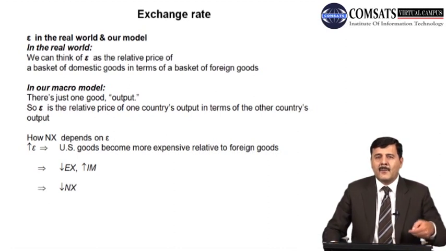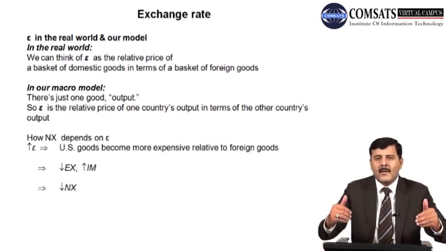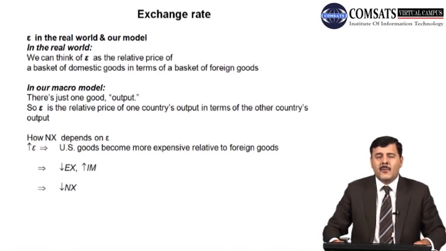As I mentioned in the previous example, $1 is equal to 8 yen, so the value of one bushel of rice in the US is 8 into 100, which is 800 yen, and the value of one bushel of rice in Japan is 1600. So this is how you can convert. The rice is comparatively cheaper in the US and more expensive in Japan, right?